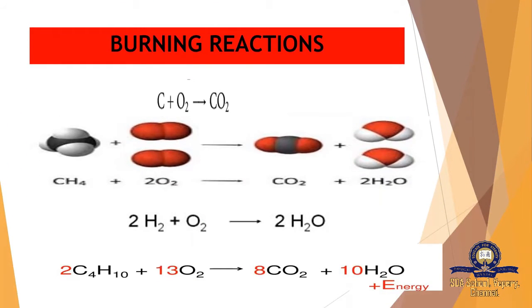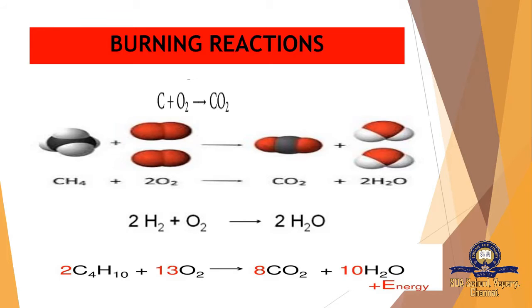Burning reactions: carbon burns with the help of oxygen to produce carbon dioxide. So carbon is burning to give out carbon dioxide. Next, CH4. CH4 is methane. Methane burns with oxygen to form carbon dioxide and water.